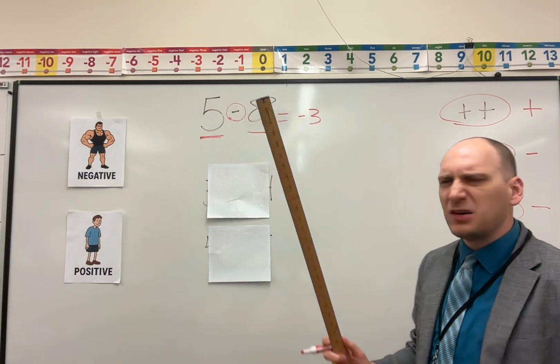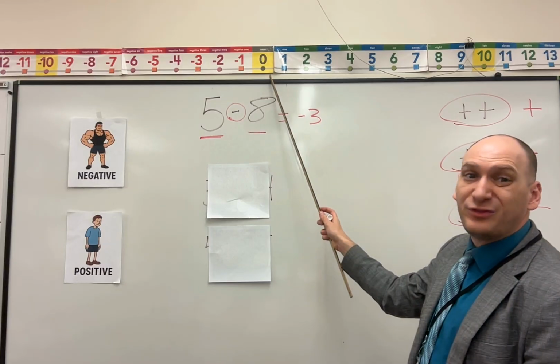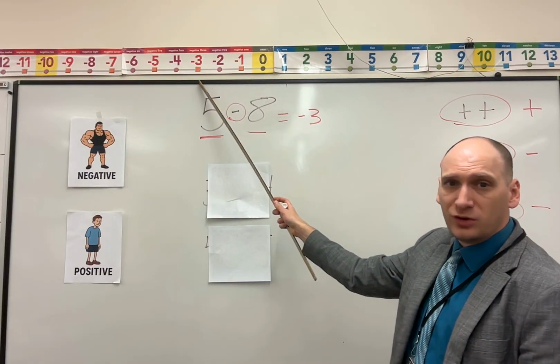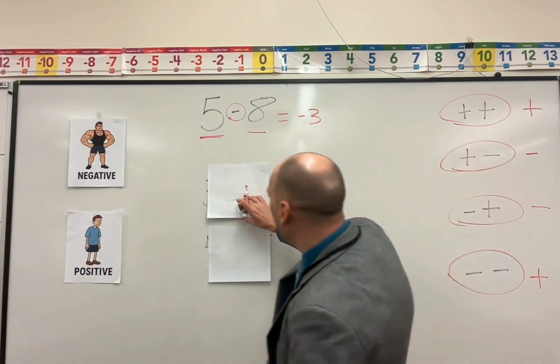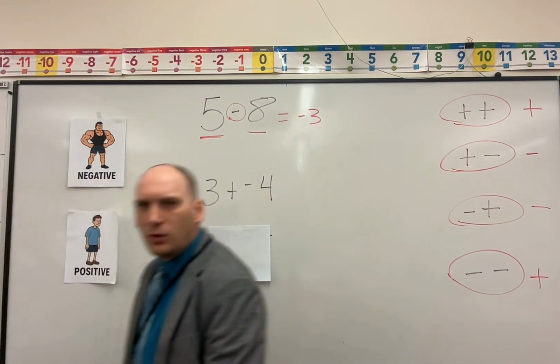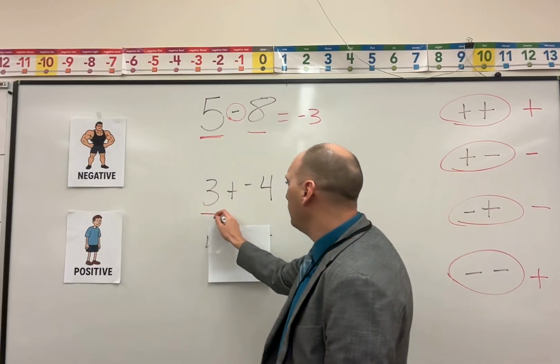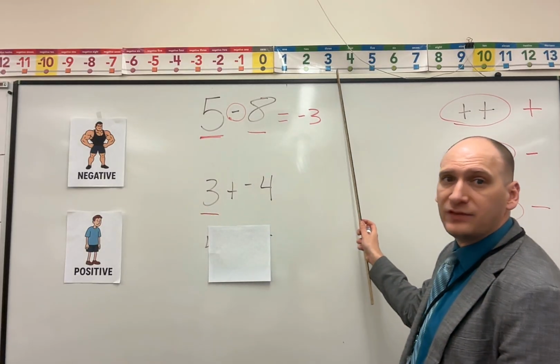One other way to think of this is from 5 to 0 is left 5. 3 extras would get us to negative 3. Let's look at one more here. In this problem, our starting number is positive 3. So we're going to start on our number line at positive 3.